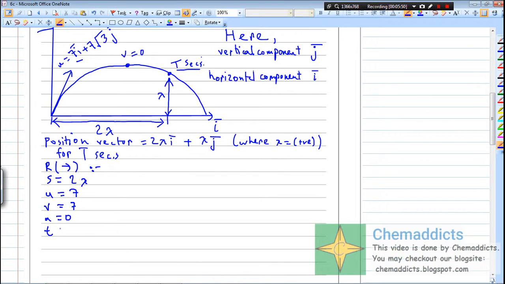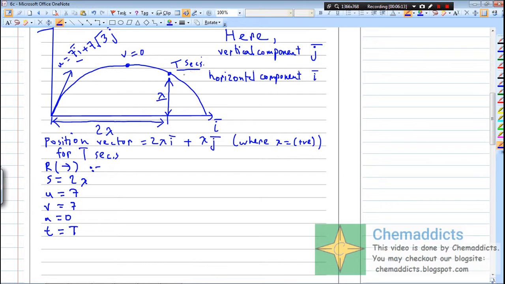Okay, for this particular time t seconds, the vertical displacement is lambda, and the horizontal displacement is twice lambda.